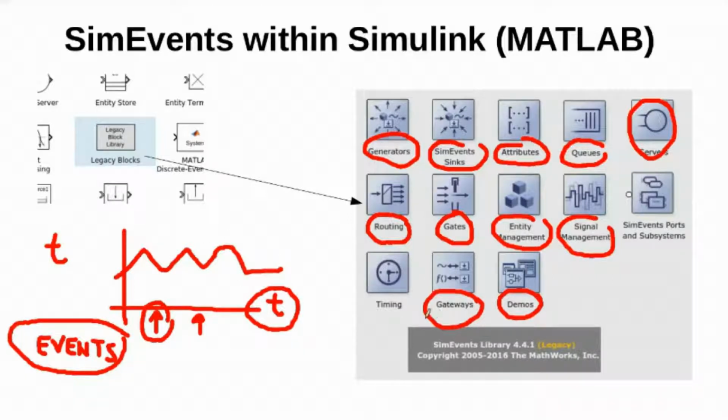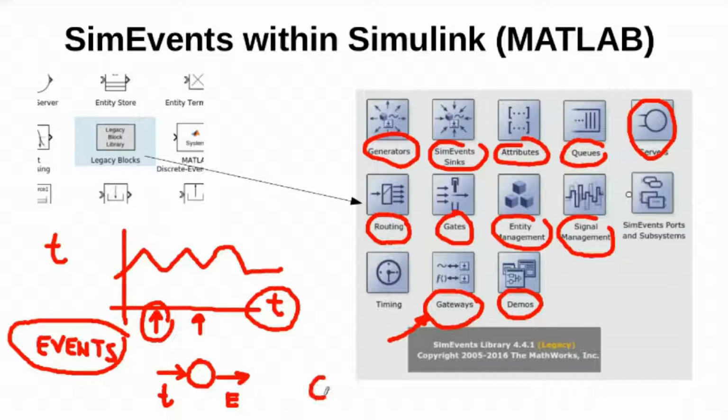So that's why we need some blocks called gateways that will change a timed signal into this. Here we will have the gateway, and this gateway will turn this timed signal into an event signal, and the other way round.